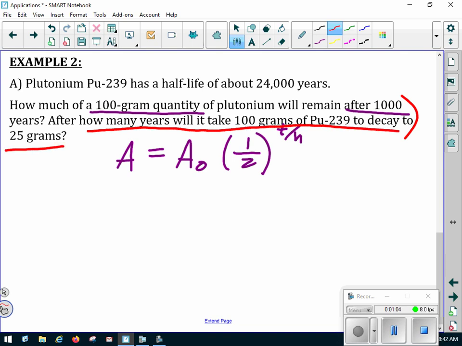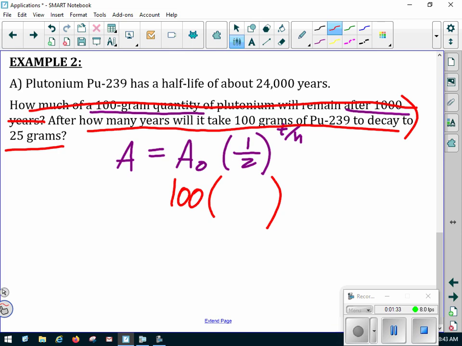After how many years will it take 100 grams of Pu-239 to decay to 25 grams? What goes where? The 100 goes with the A naught because that's your initial amount. Now, this question has nothing to do with the second question.